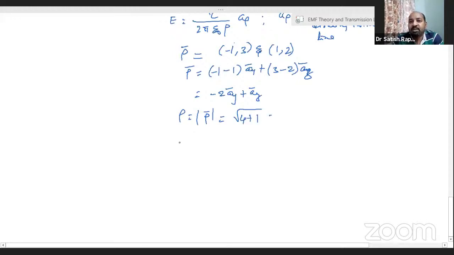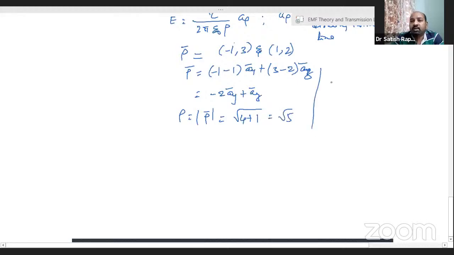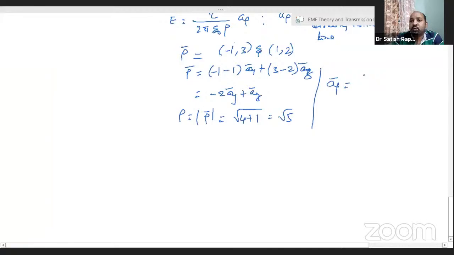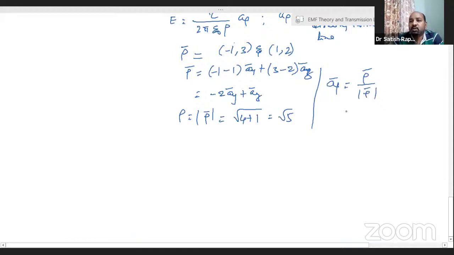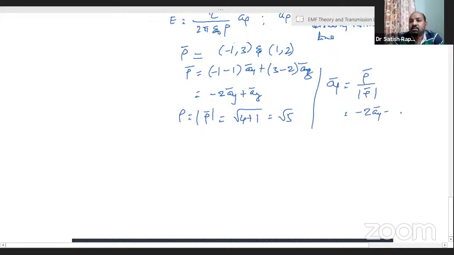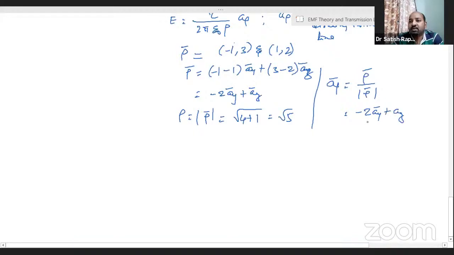And similarly, arrow bar is equal to rho bar by mod rho bar, and this is equal to minus 2 ay bar plus az bar divided by root 5, right?